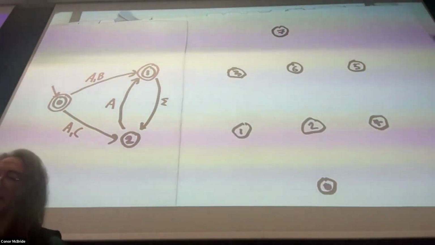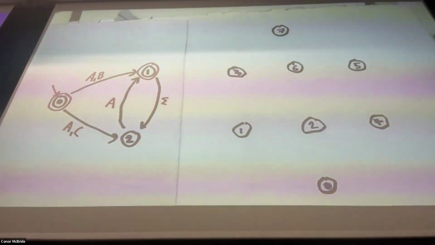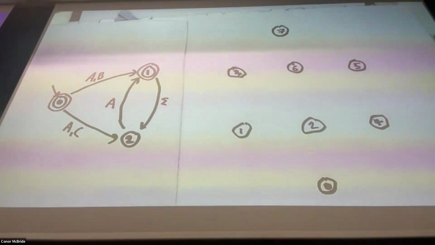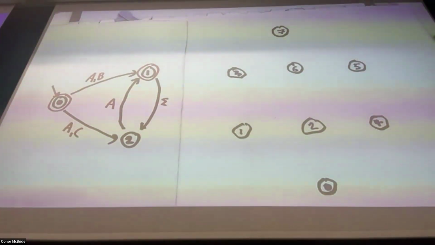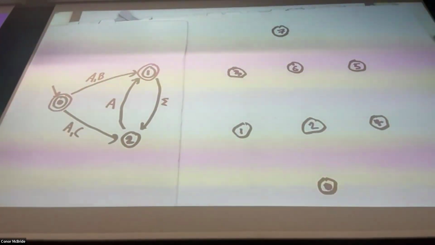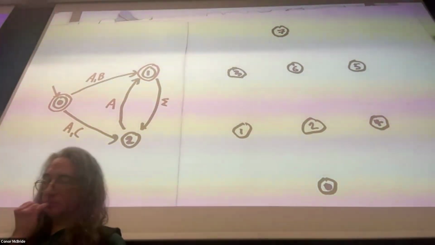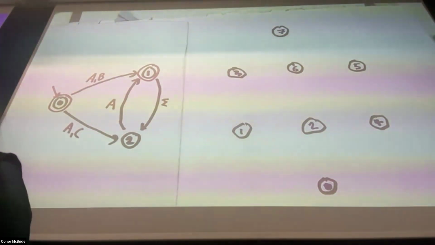Okay. So now we play a game. We say, which are the starting states? And Fred's been kind and given me just one starting state. So if there were more, what would I do?